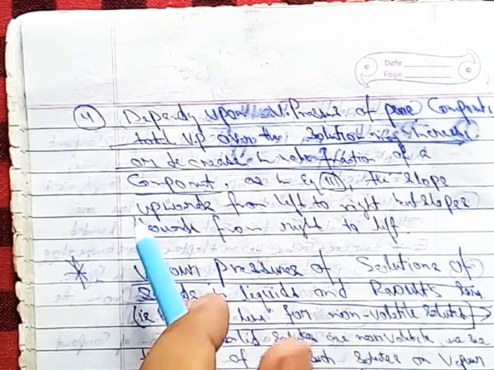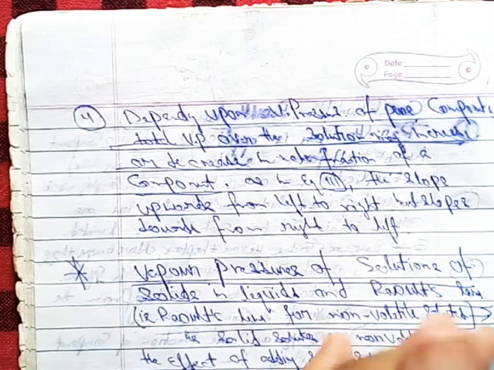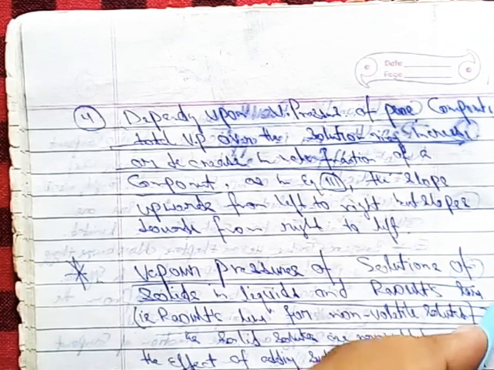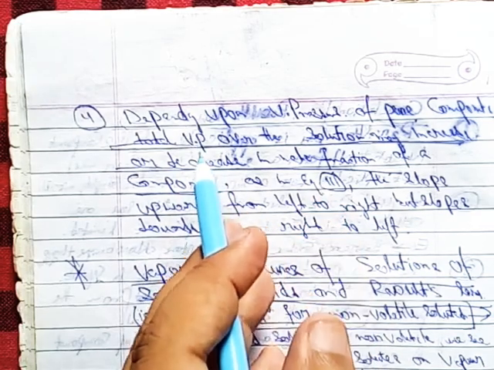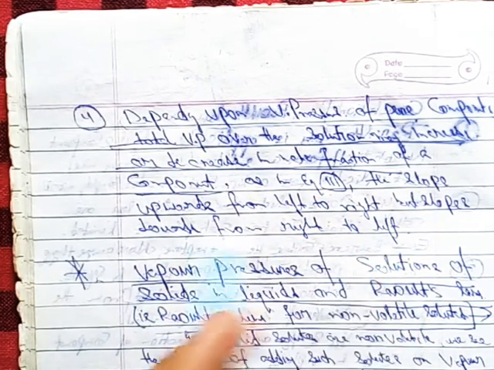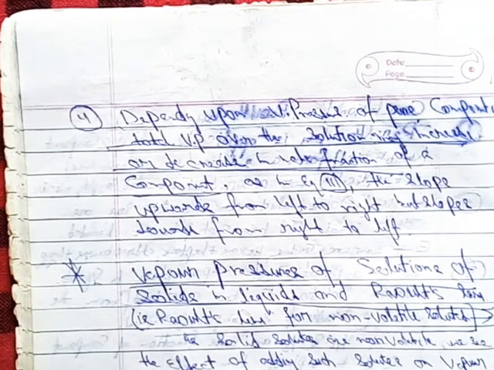A straight line is drawn from left to right. So the same thing is explained here also. By this way we have completed the conclusion of Raoult's law for volatile solute, liquid in liquid.